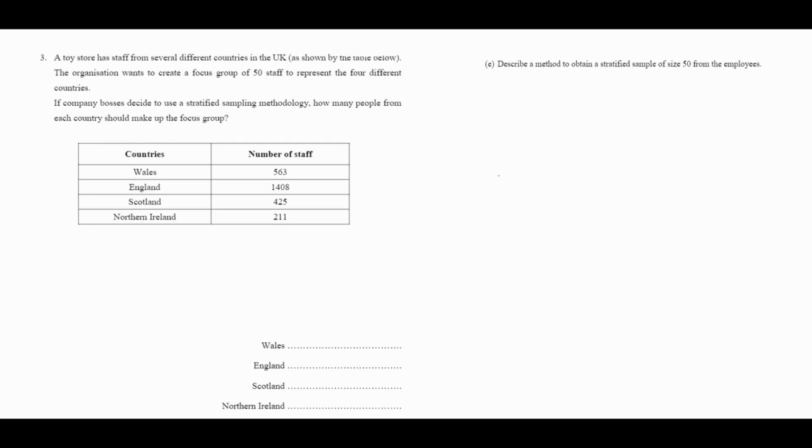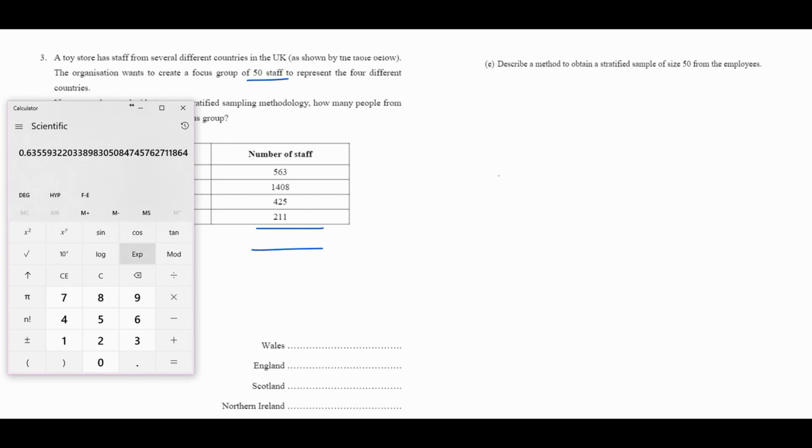Right, question number 3. It's going to be the same thing, so I'm going to scan through quickly. Sample size is 50, add the total here. Basically it's a calculation, testing whether you understand the concepts. 563 plus 1408 plus 425 plus 211 equals 2607.